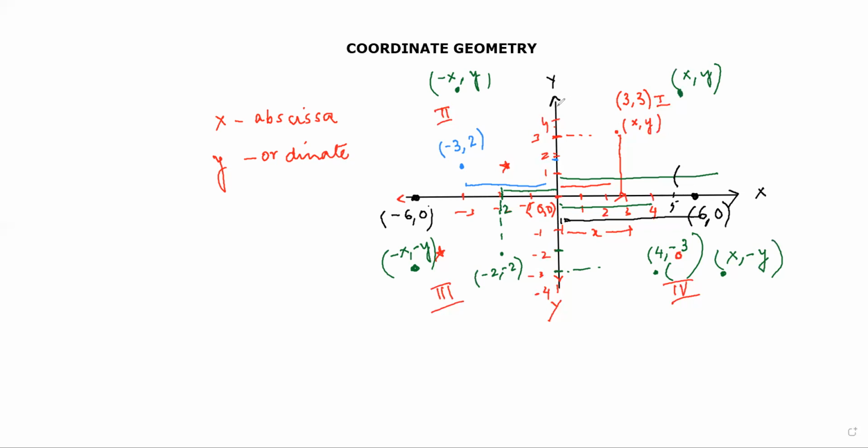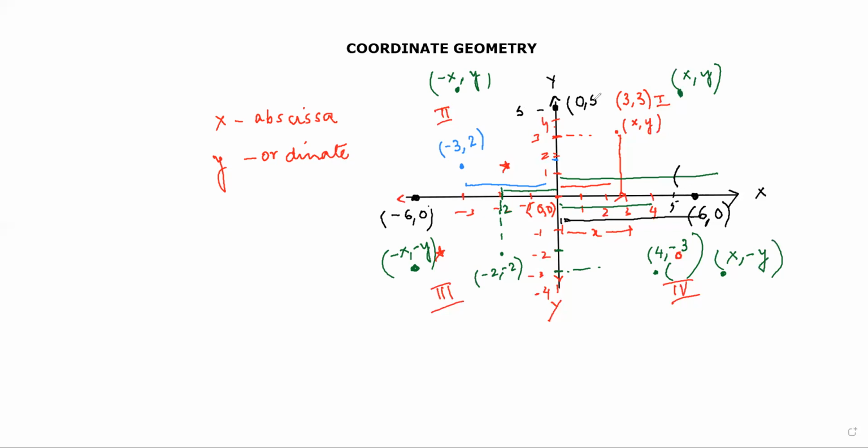Now, if I ask you about any point on the y-axis, you can tell me how far it is on the x-axis? 0. There is no distance on the x-axis. It is there on the y-axis, which means no distance on the x-axis. So it will be 0. What is the y? Y is 5 here.